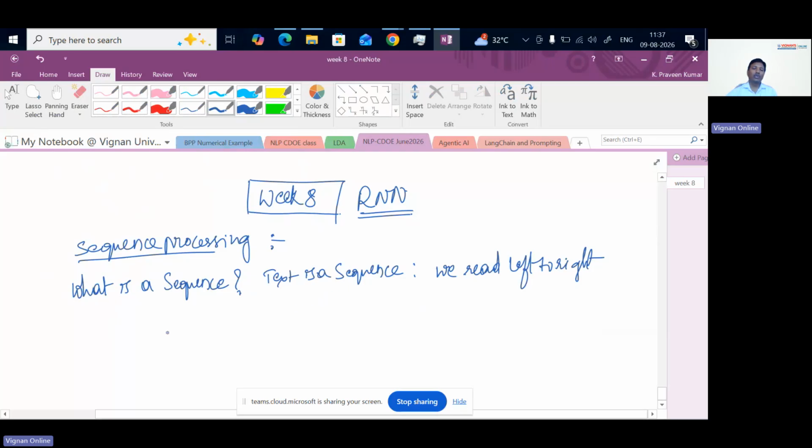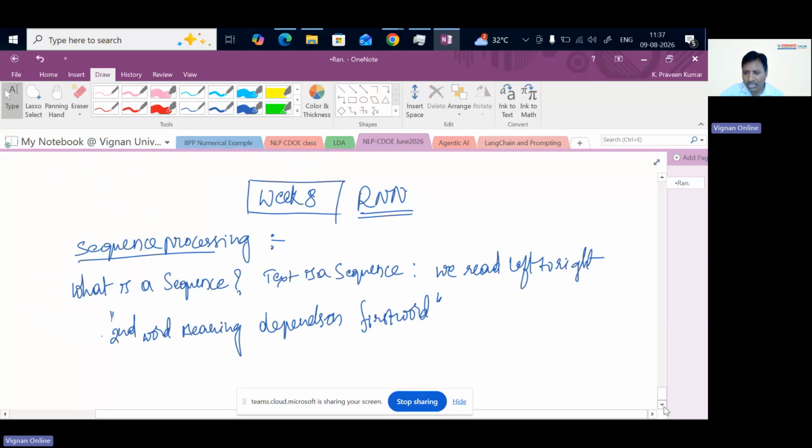And the main thing we have to digest is that the second word's meaning depends on the first word. This is the important characteristic of sequence models.